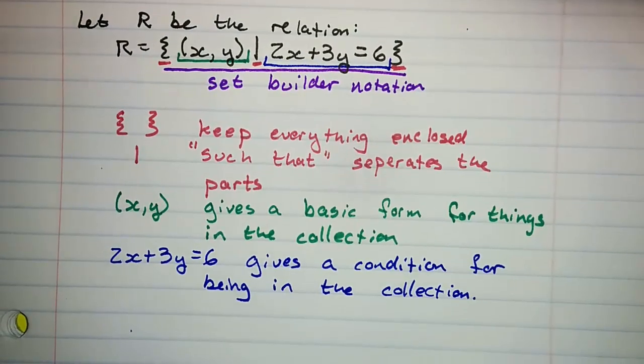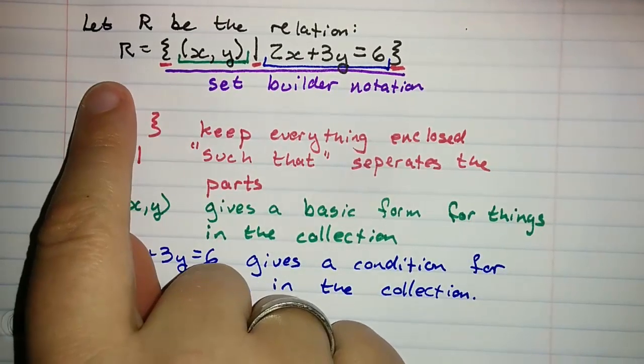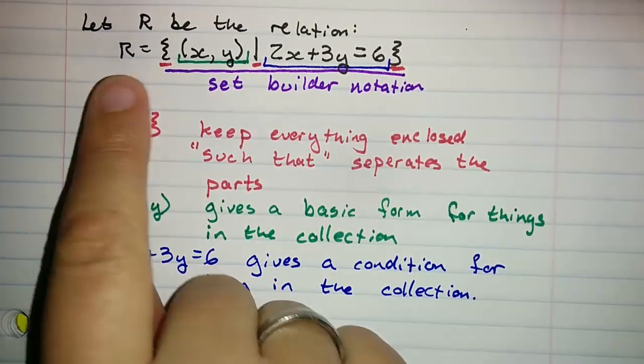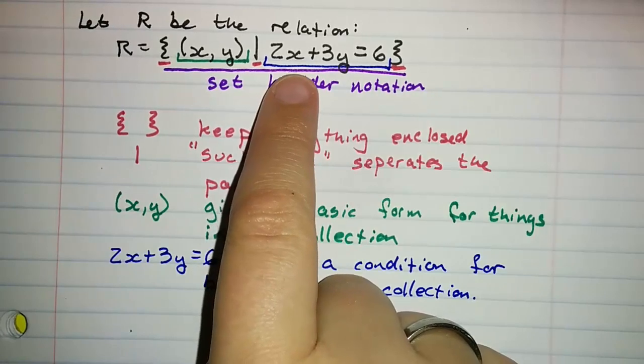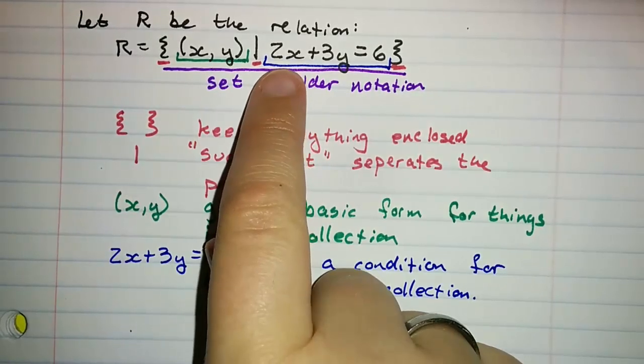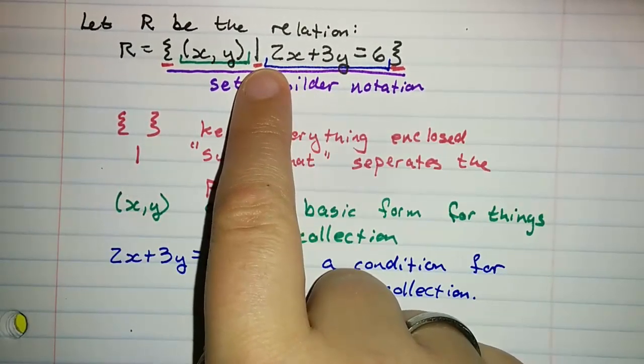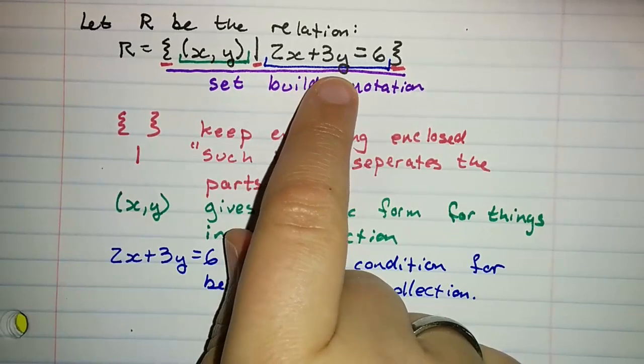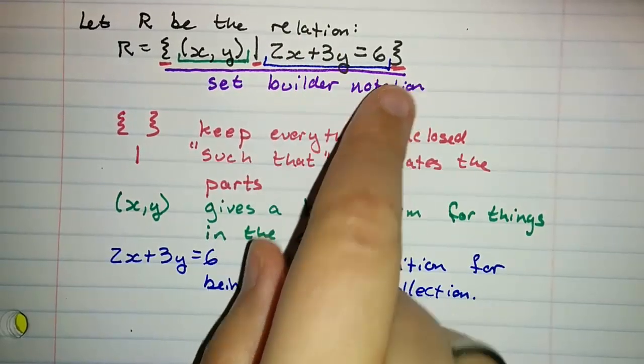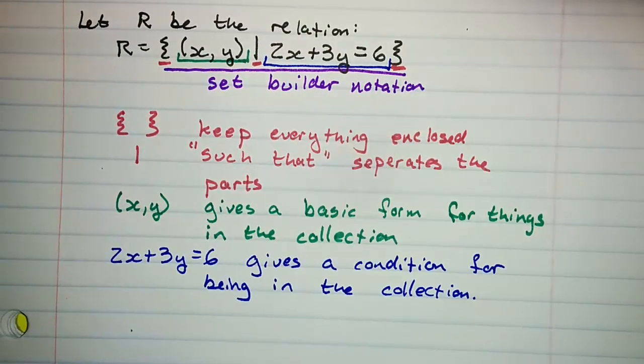So in this case, in order to be in the relation R, x and y have to have the property that when we multiply x by 2, multiply y by 3, and add those together, we get 6.